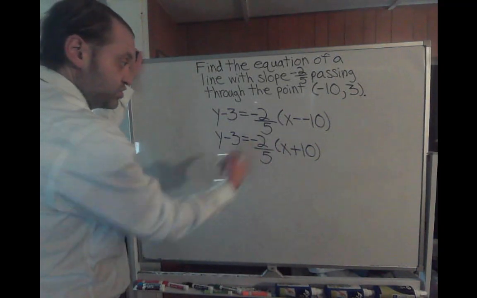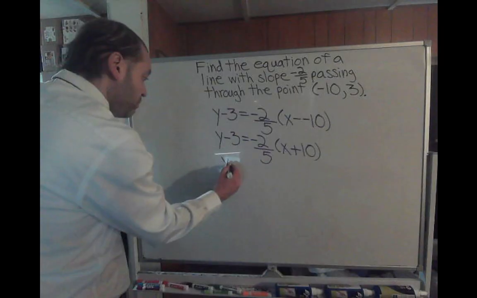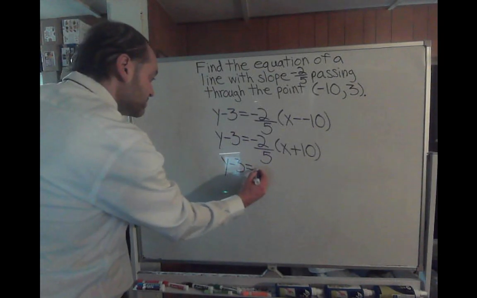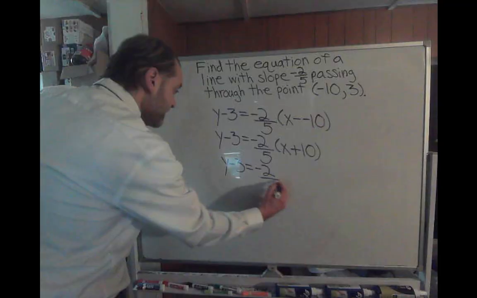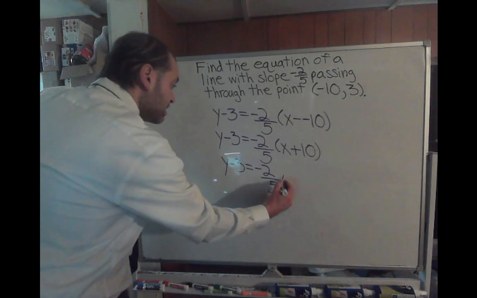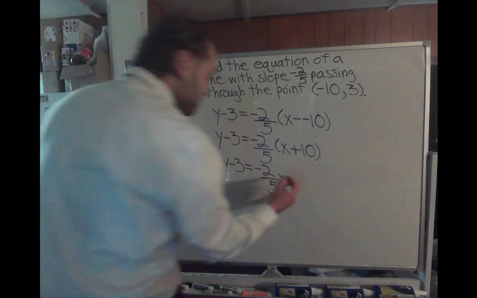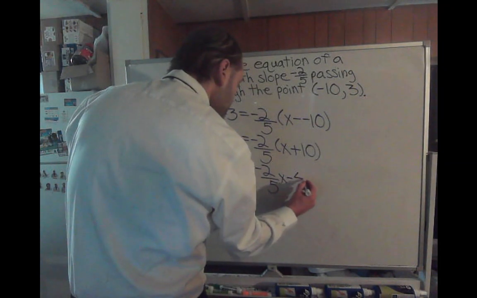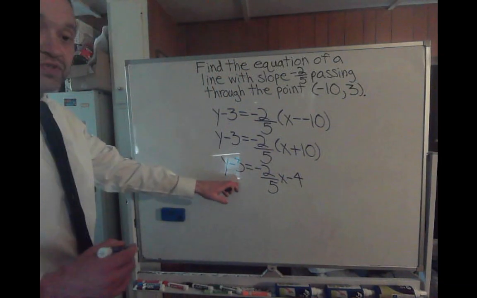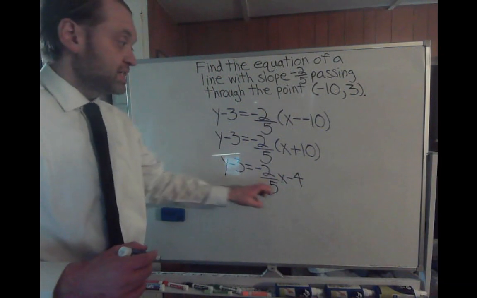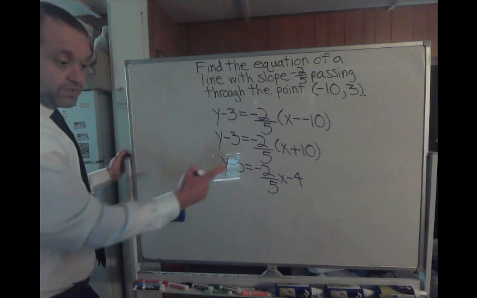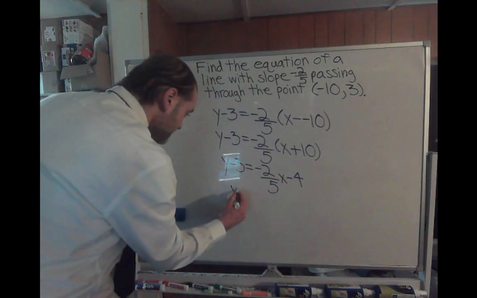So then do the distributive property on the right. You'll get y minus 3 equals -2/5 x. Now what is -2/5 times 10? That'd be -4. So then you have y minus 3 equals -2/5 x minus 4. Add 3 to both sides to get y by itself.